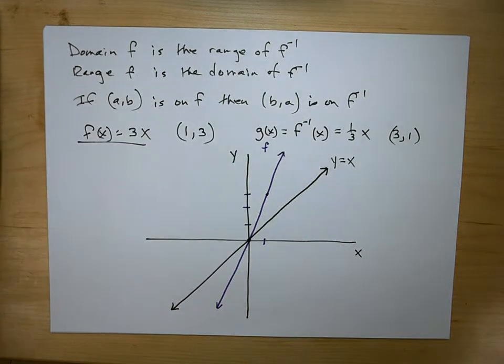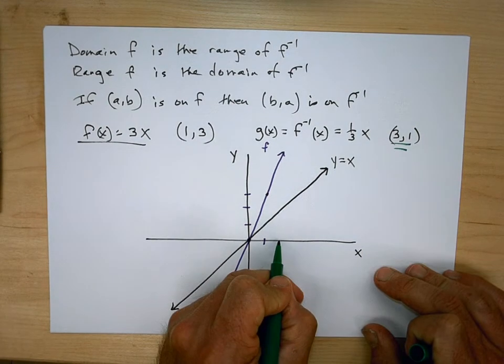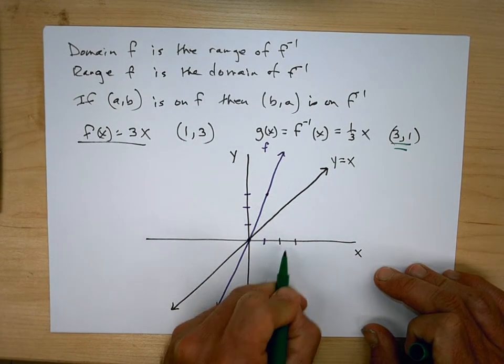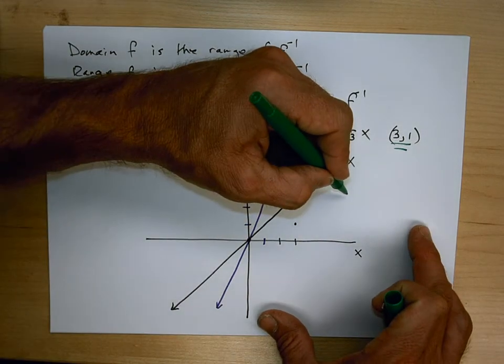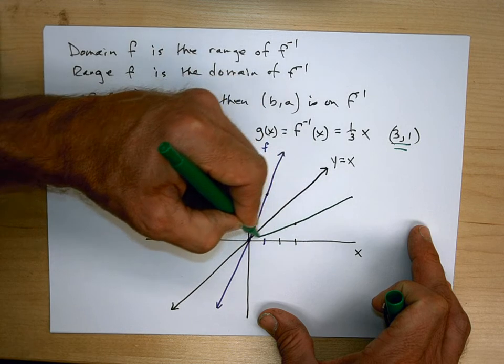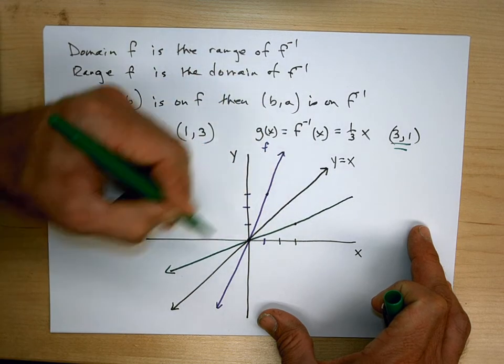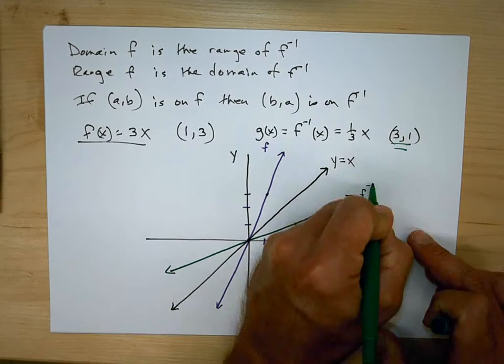So what about f inverse? Well, we know that f inverse goes through this point, so we can come out here to (3, 1), and then this also goes through the origin, so we have something that looks like this. It's sort of straight, and that's f inverse.